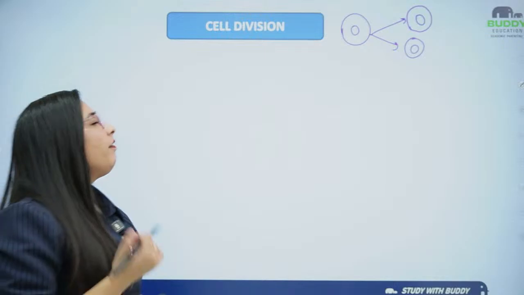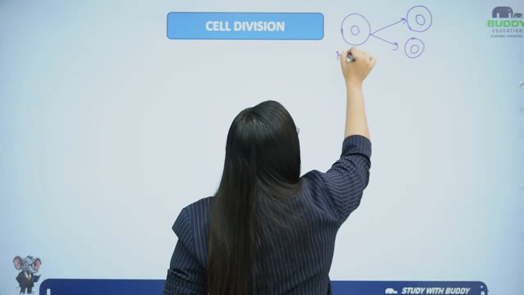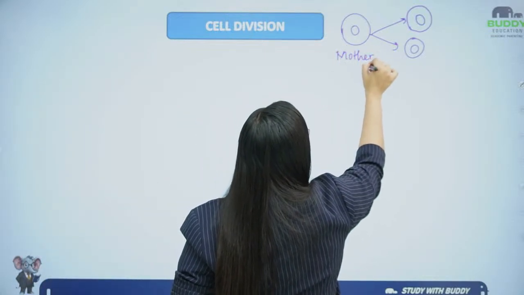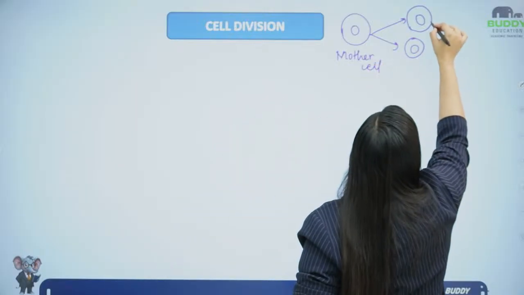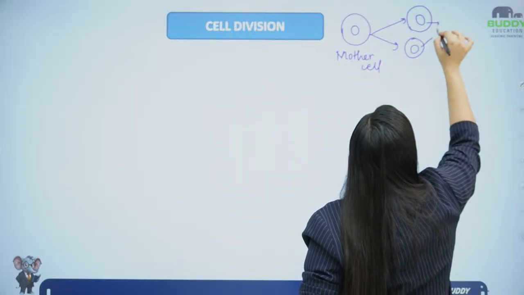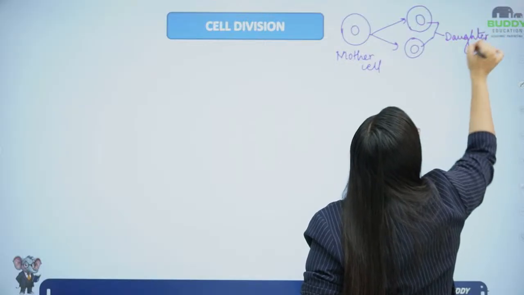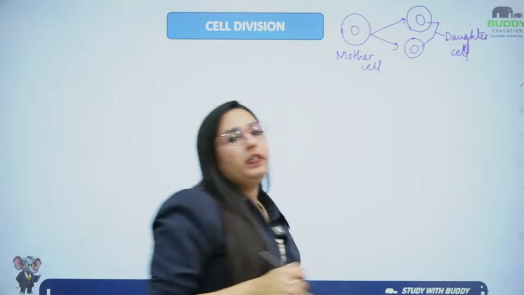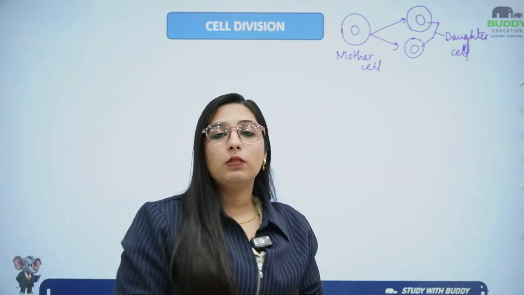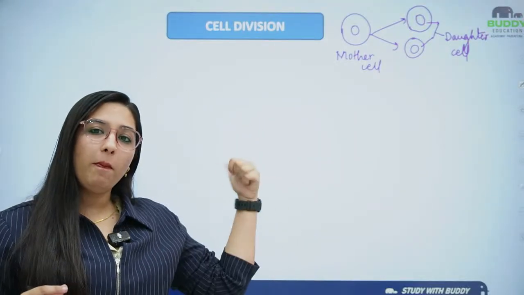Now, when I say this will be my mother cell or parent cell, and these both will be my daughter cells. These two new daughter cells are arising from the parent cell.